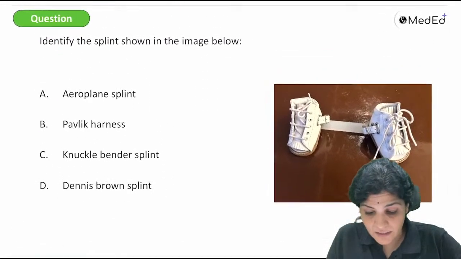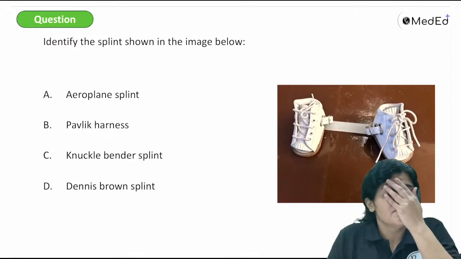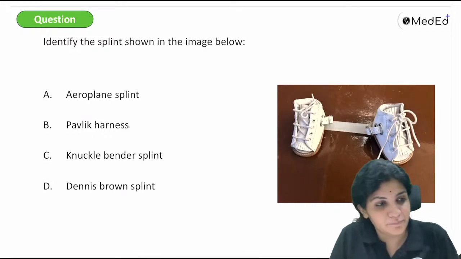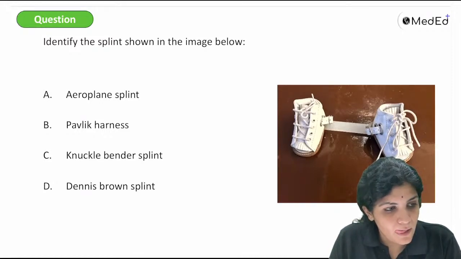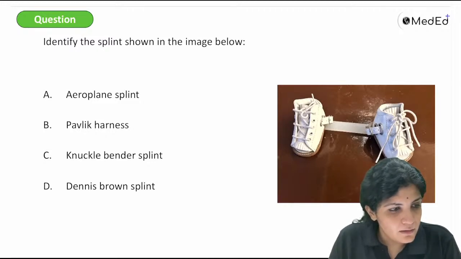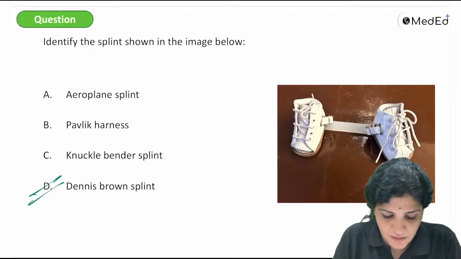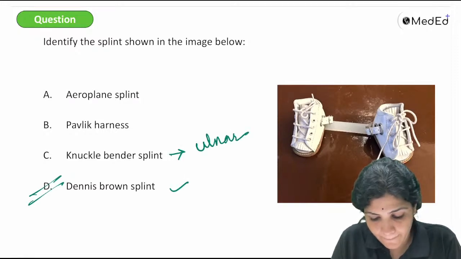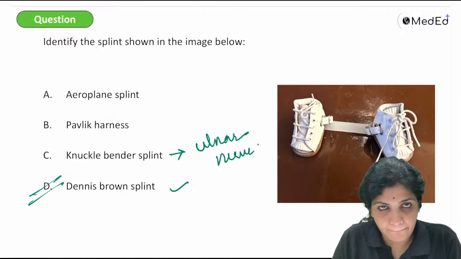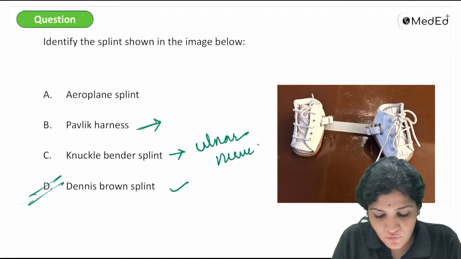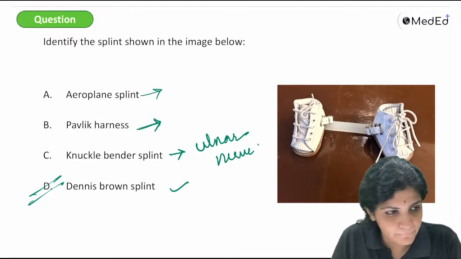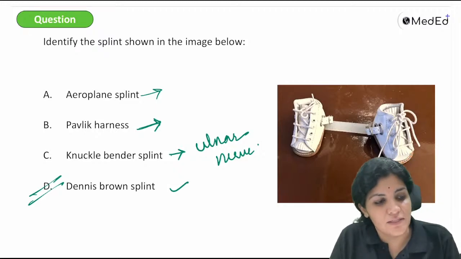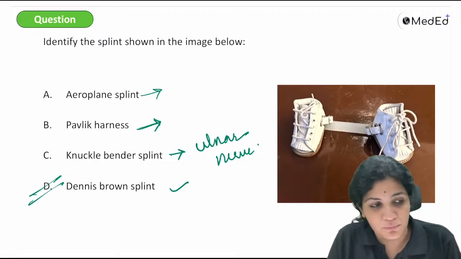What is the splint? Yes, this is Denis Browne splint. What is knuckle bender splint used for, which nerve? Pavlik harness is used for? Yes, it is used for DDH.